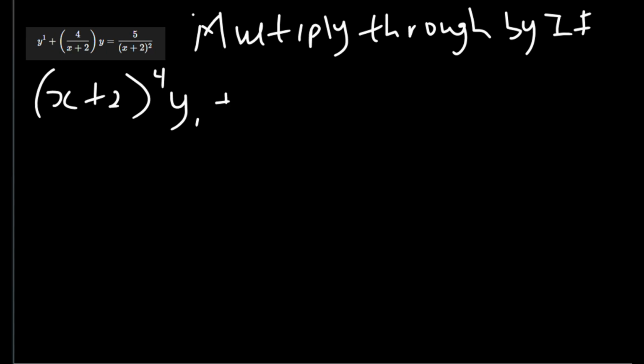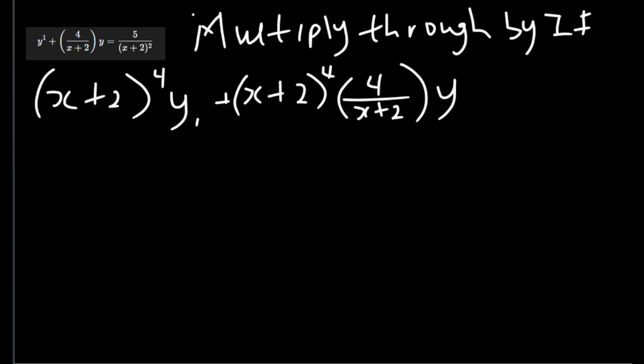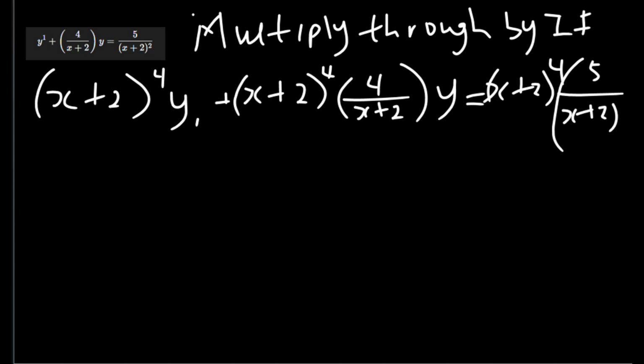Plus x plus 2 to the power 4 multiplied by p of x, which is 4 over x plus 2, times y, is equal to the integrating factor, which is x plus 2 all to the power 4, multiplied by our q of x, which is 5 over x plus 2 all squared.